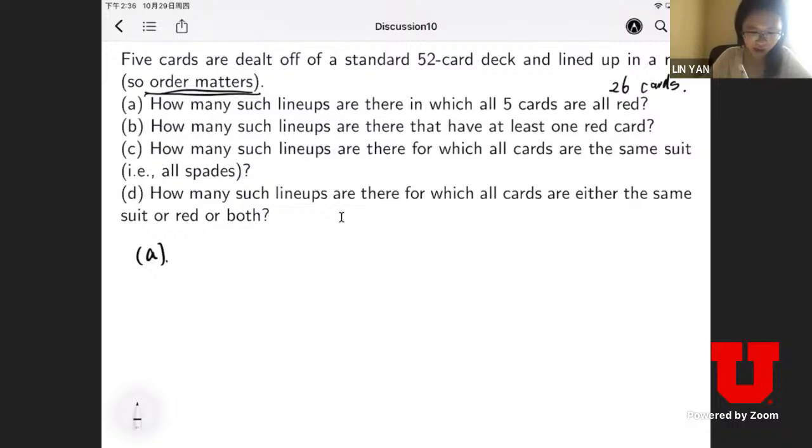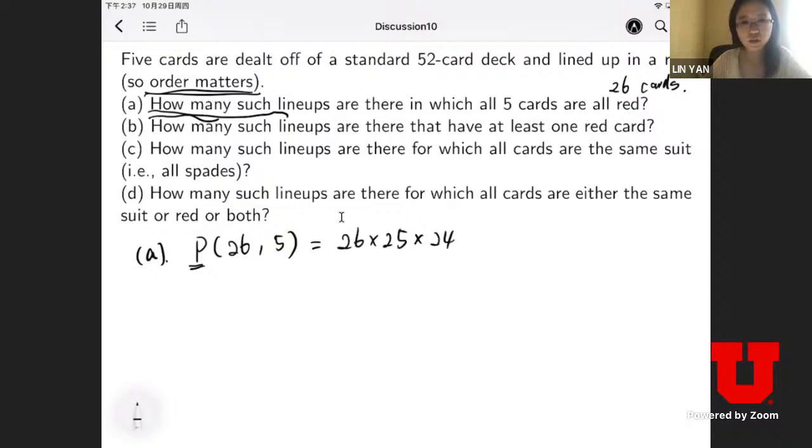Because we are counting how many lineups, not the probability, you do not need to divide by the total number. So the answer should be 26 permute 5, because the order matters, so we need to use the permutation. It is equal to 26 times 25 times 24 times 23 times 22.